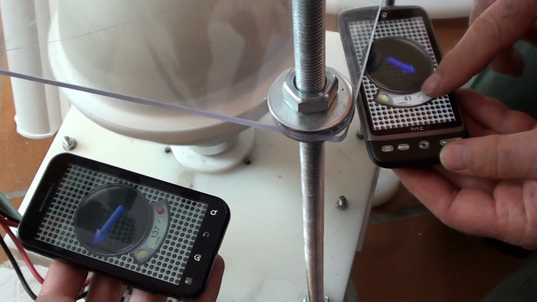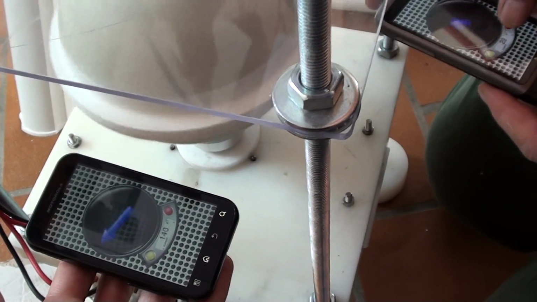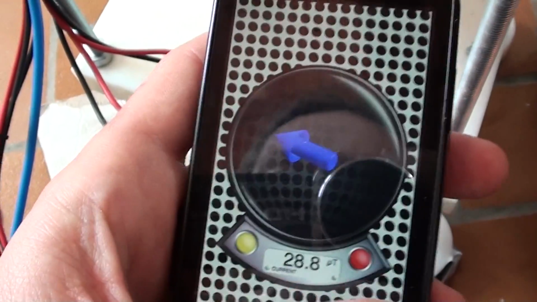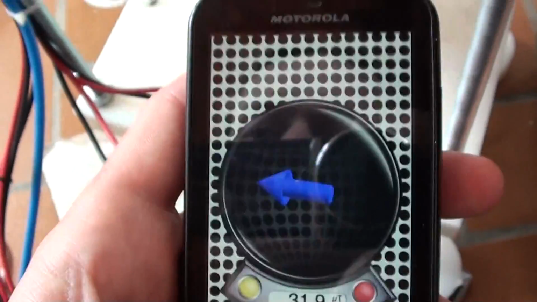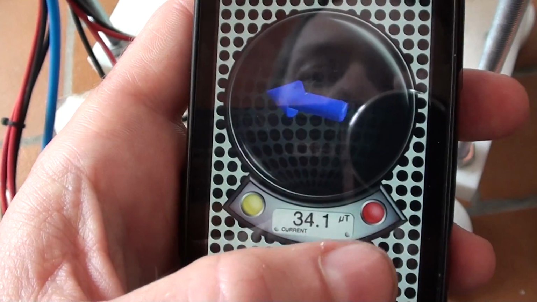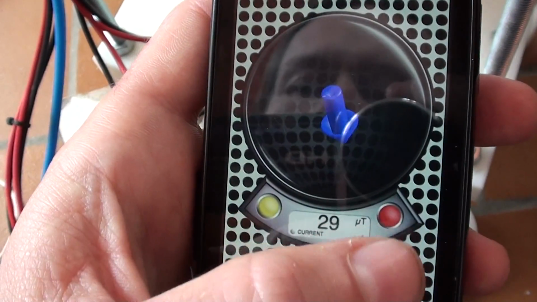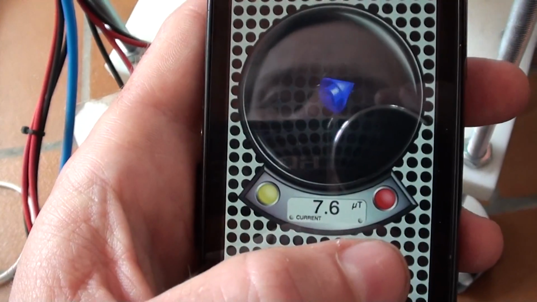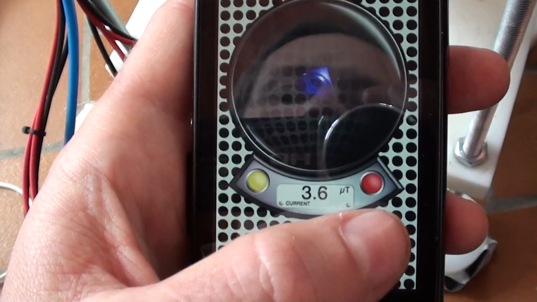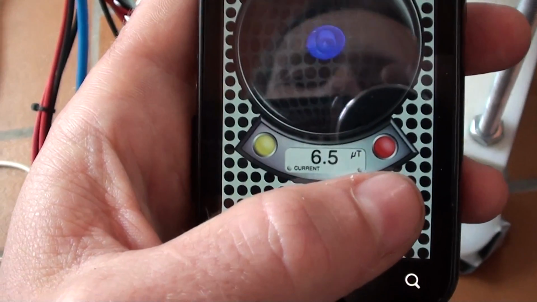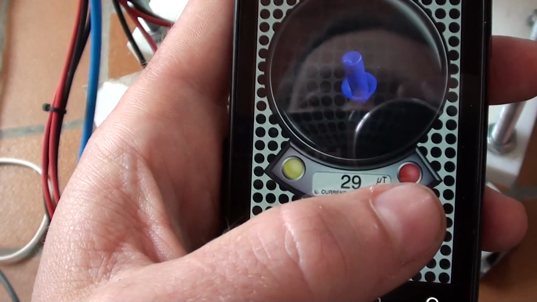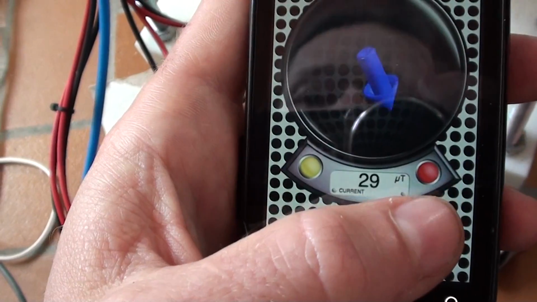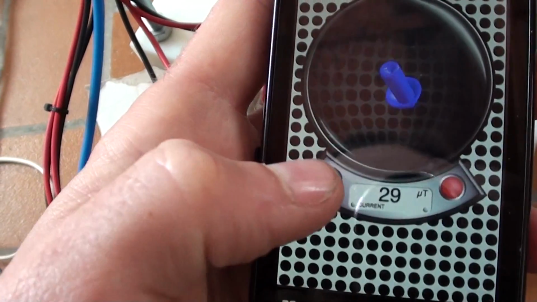You have different sensitivity also. Yeah, there are different modes when you use this red button. Well, I don't know how it works anyway. You can get something like relative fields. So these are absolute fields.